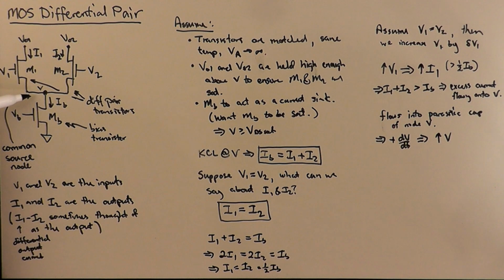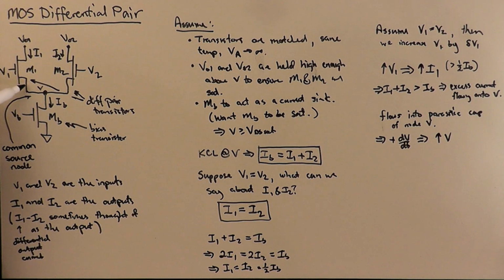But what effect does that have? Well, V is the drain of the bias transistor MB, but it's also the source of transistors M1 and M2. So we have to ask, what effect does an increase in V have on the currents flowing in these three transistors? Well, if MB is in saturation and it's ideal, so there's no Early effect, then an increase in V will not increase IB very much, if at all.